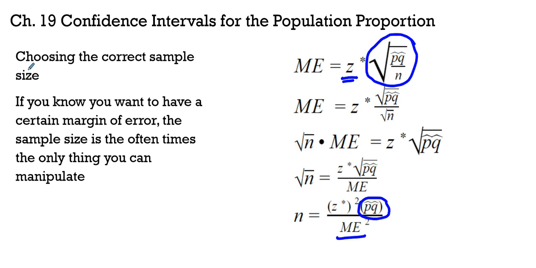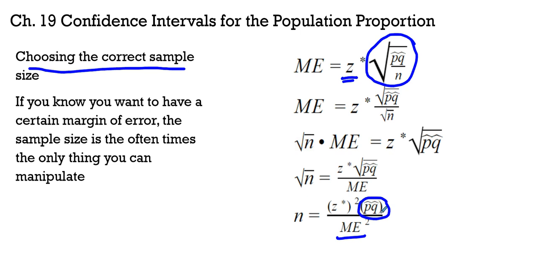If we're choosing the correct sample size, it stands to reason that we don't have any sample yet. We haven't collected any data because we don't know how many people we have to ask. So this would probably be one of the first things you have to do before you actually collect any data, is figure out how much data you need to collect.